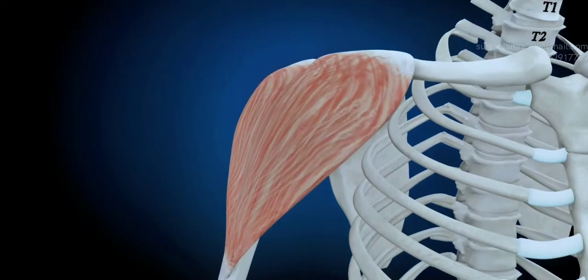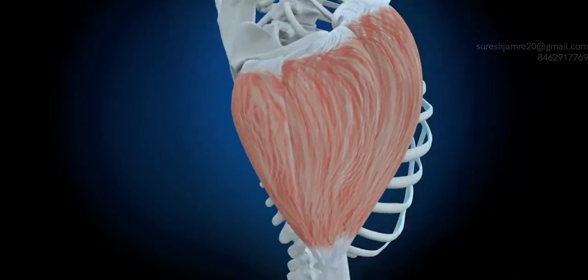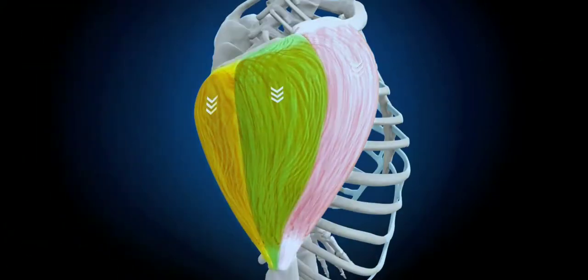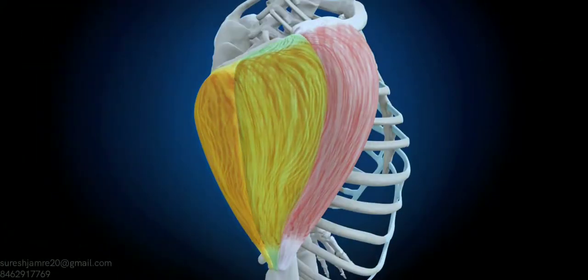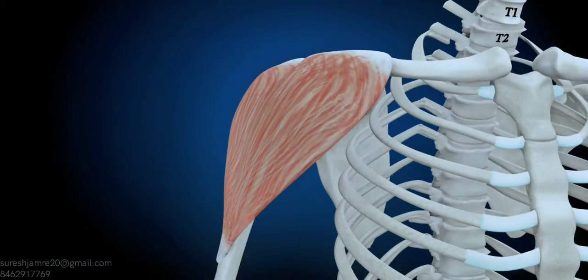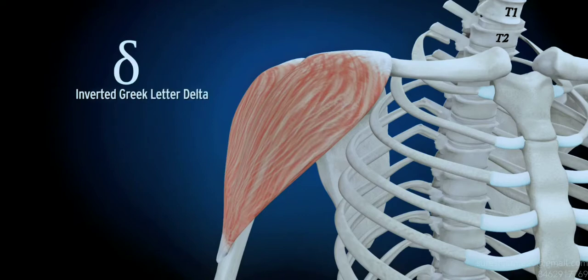Deltoid. It is a 3-in-1 muscle, that is, it arises in 3 fibers. It is a thick, powerful and curved triangular muscle covering the shoulder and forming its rounded contour. It is shaped like the inverted Greek letter delta, Δ.